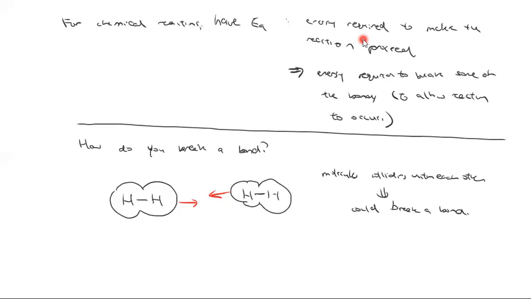So we have what are called successful collisions. Successful collisions are collisions that help the reaction proceed. So that's either going to break or make a bond, depending on what stage you're at.